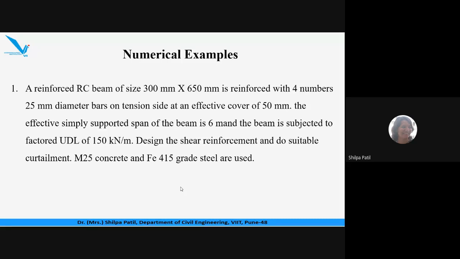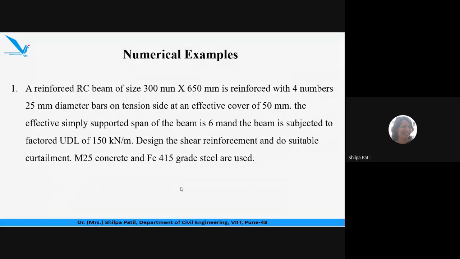Regarding span of the beam, they have directly given the effective span. In the previous lecture, I explained how to calculate the effective span for a beam depending upon the type of beam, whether it is simply supported, cantilever or continuous. Depending upon this type, we have to use the appropriate clause given in IS 456 to calculate the effective span.